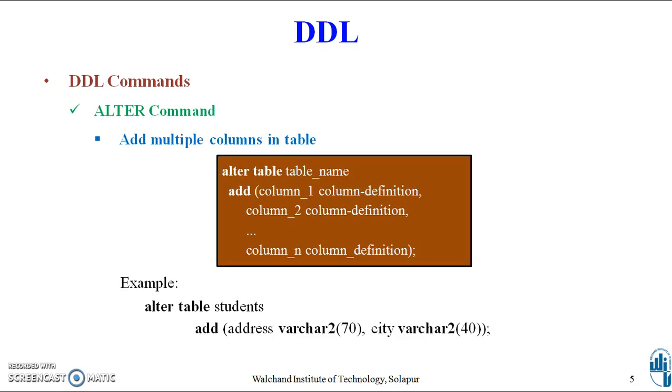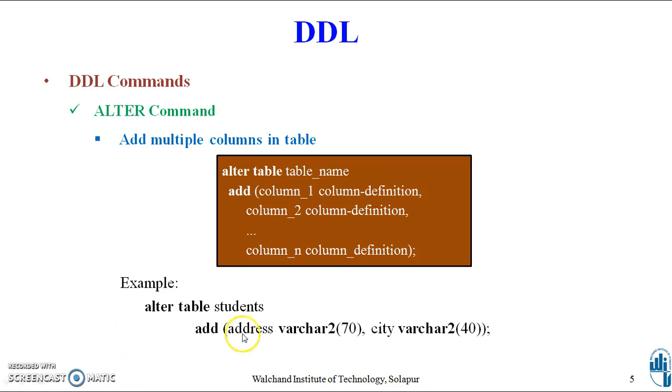To add multiple columns to an existing table, the alter table syntax is alter table, table name, add, column 1, definition, column 2, column definition, and so on, column n, column definition. Let's consider an example that shows how to add multiple columns, say address and city, in the table using alter table statement.